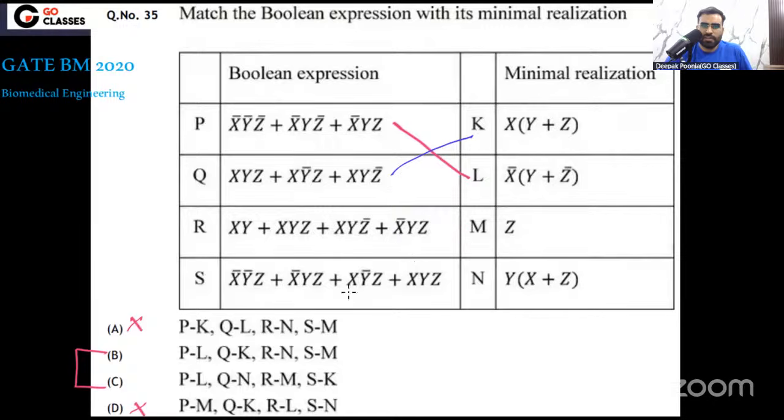Q does not match with N, right? So Q matches with K. So the answer will be option B, not option C. Answer will be option B. Okay. Also, just take one more so that you are guaranteed to get a correct answer.